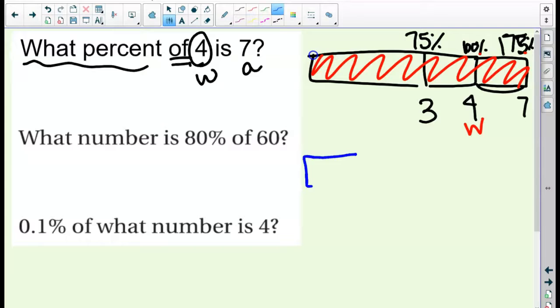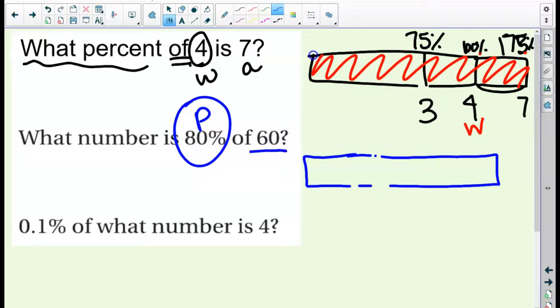I'm going to draw my bar. Okay, what number is 80% of 60? What 2 pieces are they giving me here? Percent and the whole. Clue word again, of, tells you the whole. So whole there. Okay, so what number is 80% of 60? Let's put our 60 in.